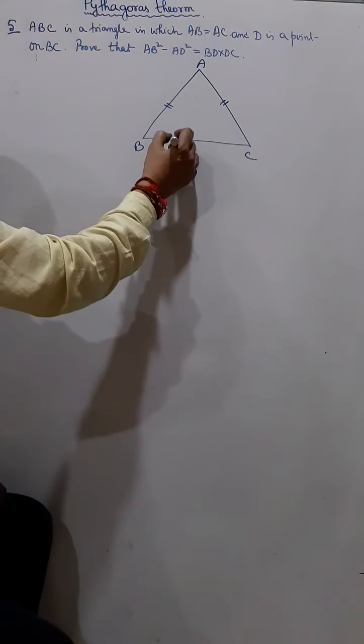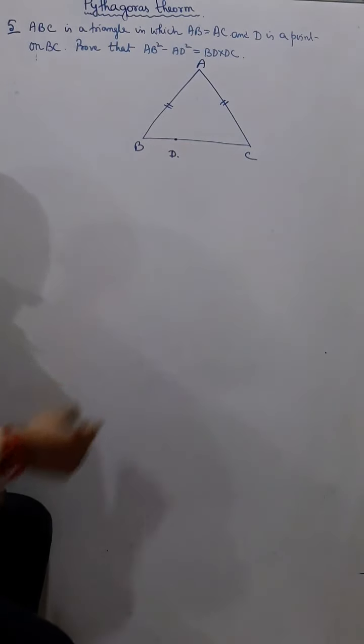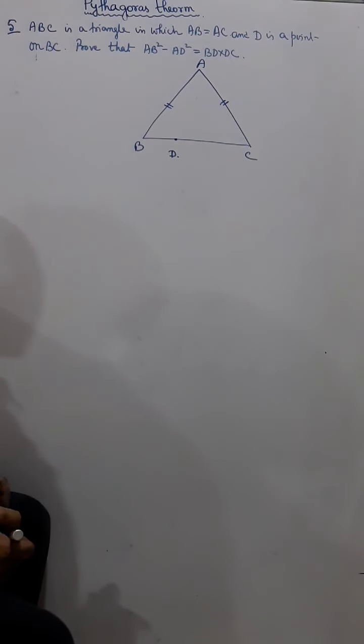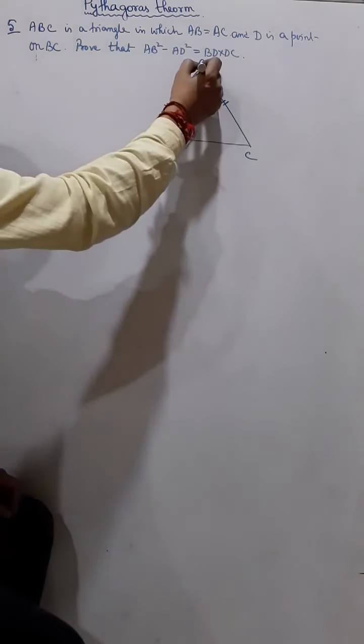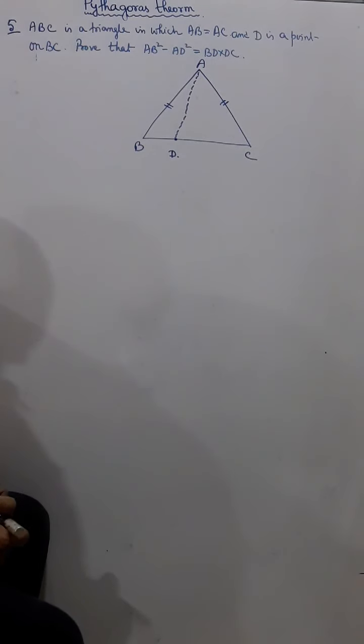So D is any point, say DB here, and then we have to prove AB square minus AD square is equal to BD into DC.